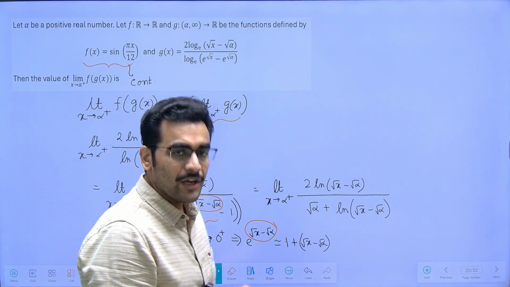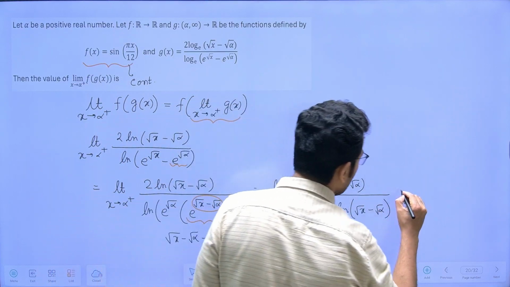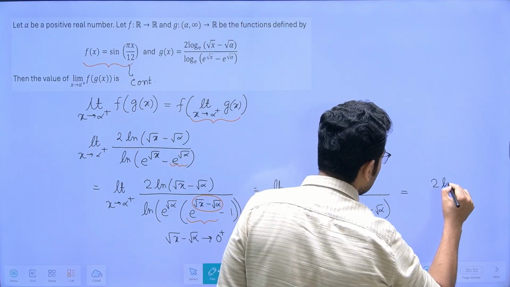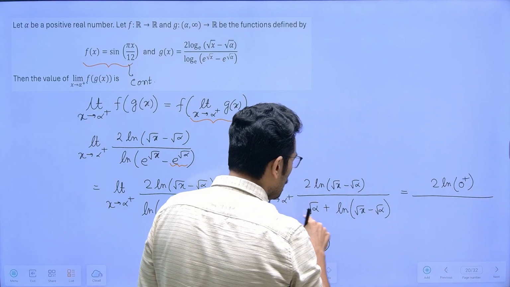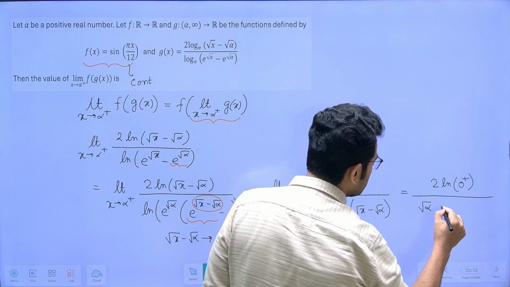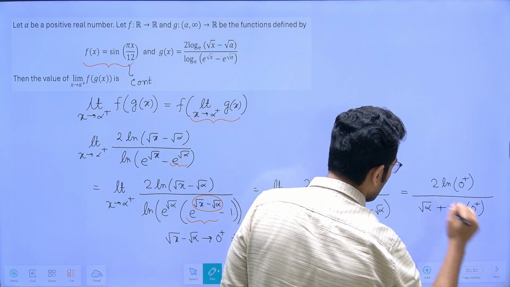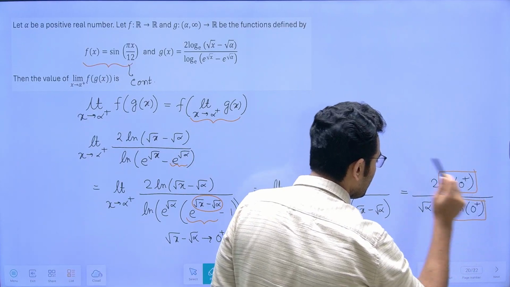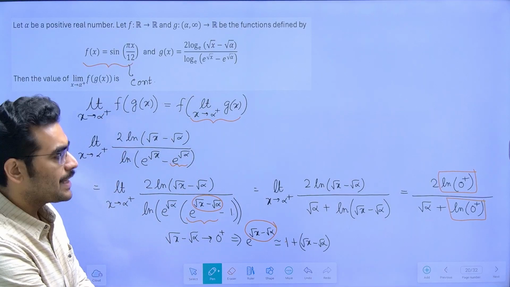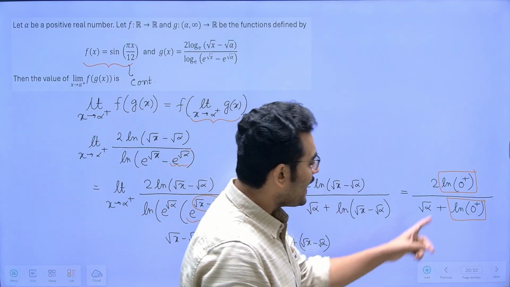Now if you closely observe, in the numerator you have 2 ln of something tending to 0 plus, divided by √alpha, which is a finite positive value, plus ln of something tending to 0 plus. And these two quantities are approximately the same as x tends to alpha plus. What is the tendency of ln of 0 plus?